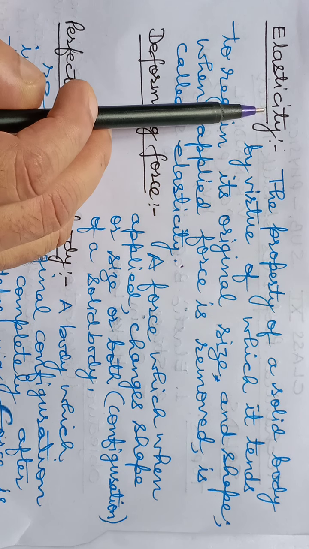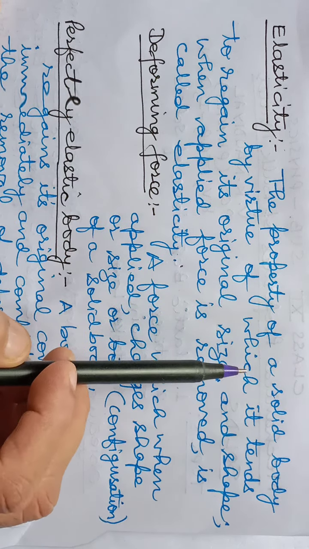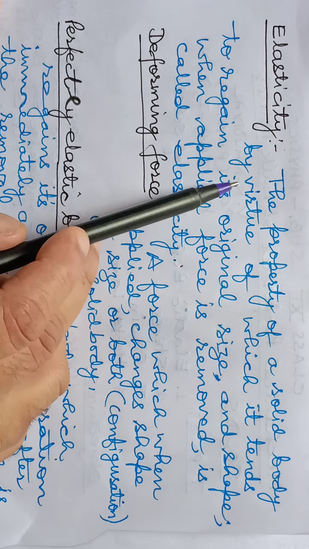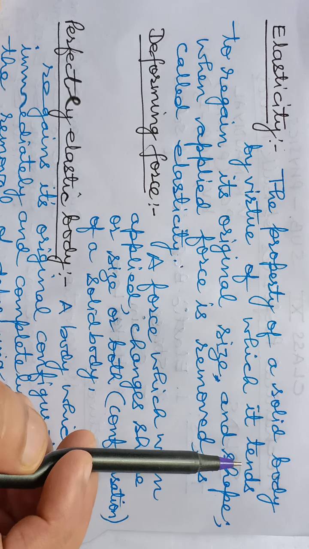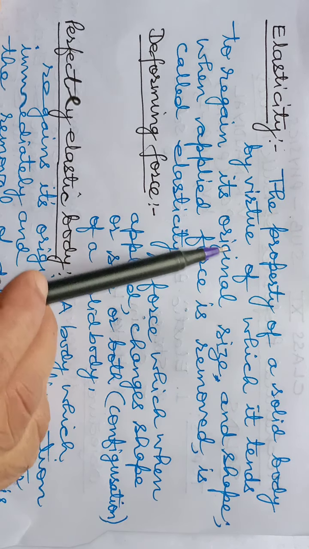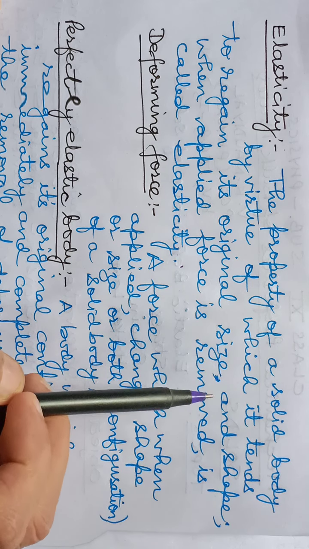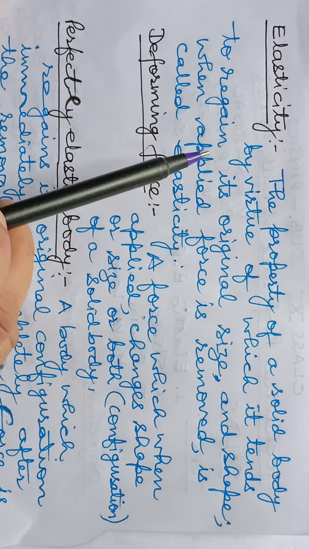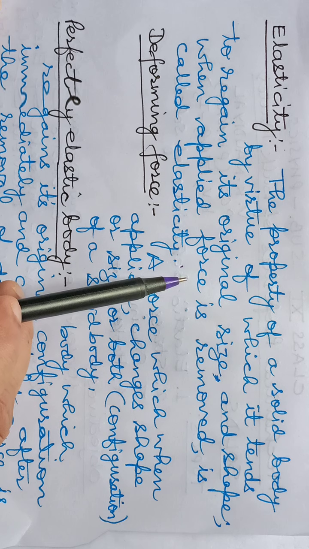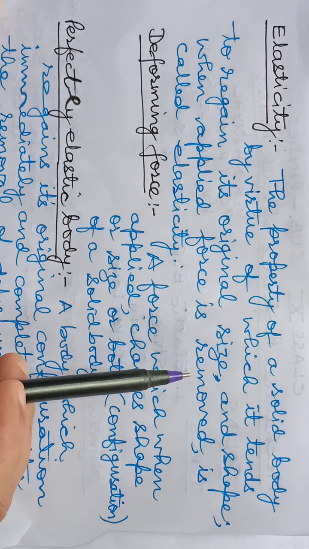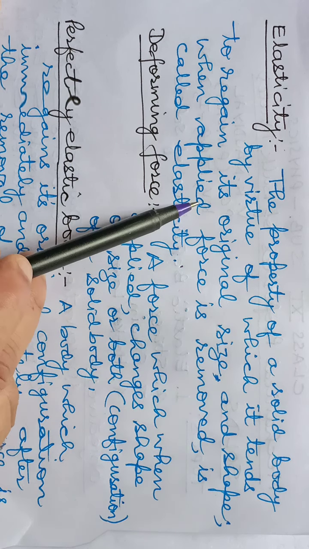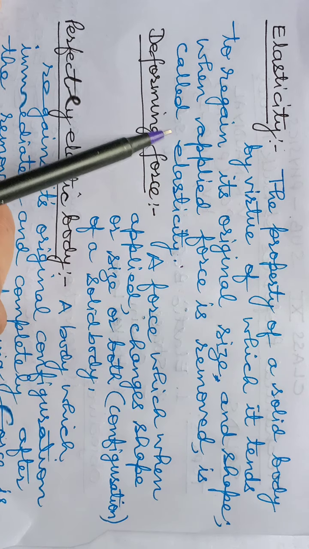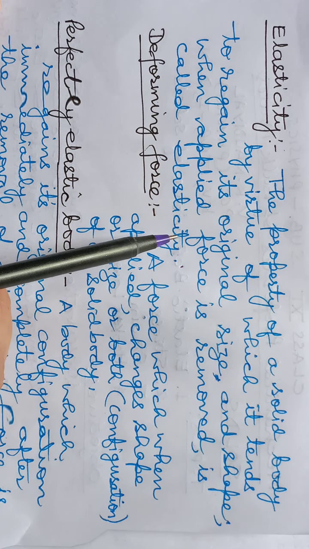First is elasticity: the property of a solid body by virtue of which it tends to regain its original size and shape when the applied force is removed is called elasticity.